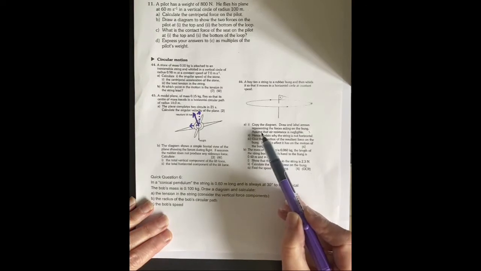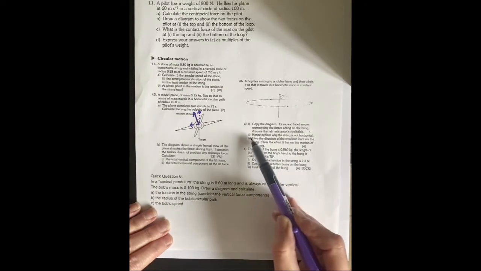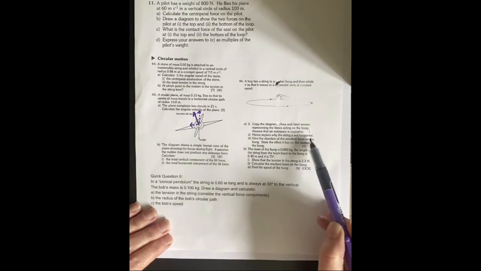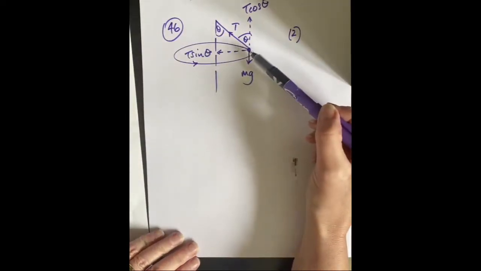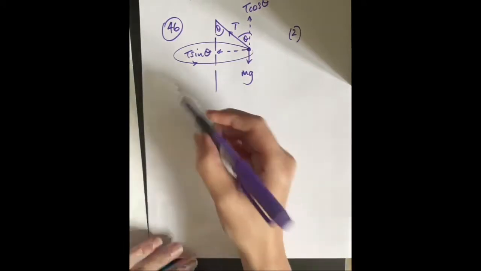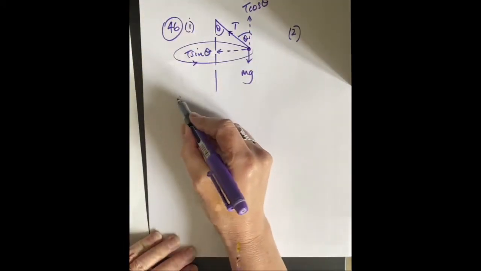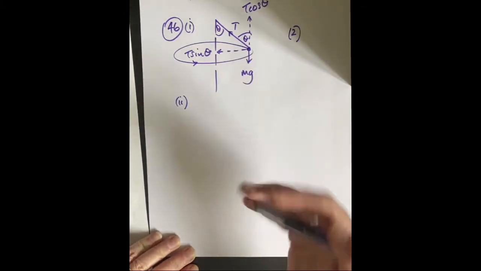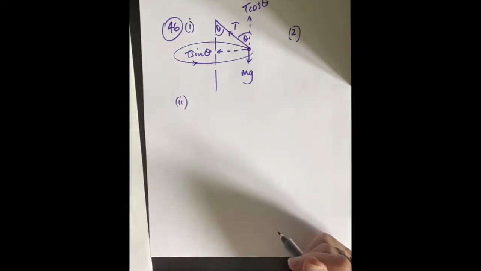Right, the first question, we don't actually get any data until down here. We're still just talking without calculating. Hence, explain, why is the string not horizontal? Why is it there? Well, it's because tension acts at an angle. You know, it is because, so that's the diagram, it's because there's a component that balances the weight, and there is a component that provides the centripetal force.